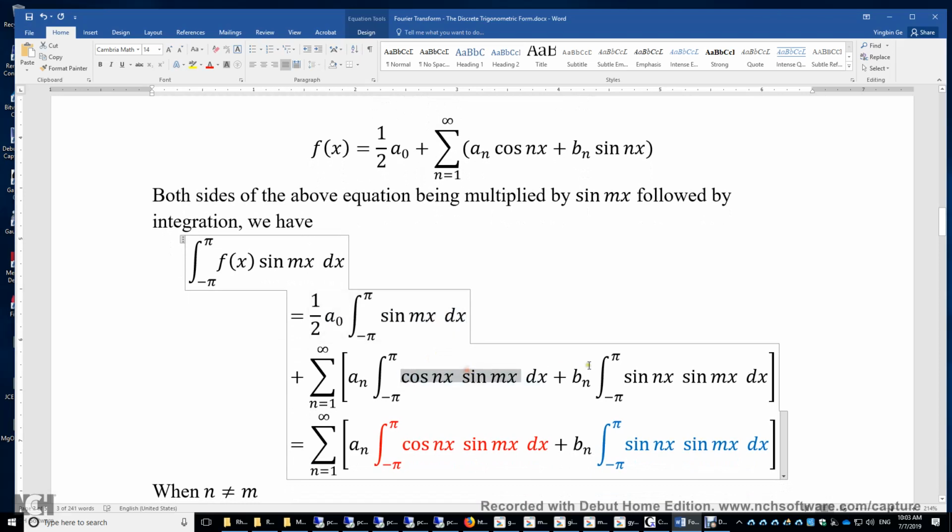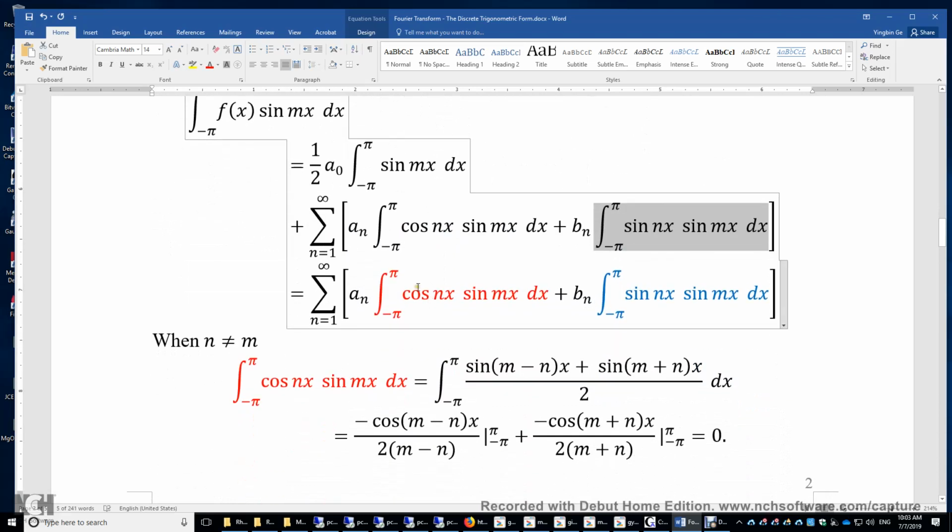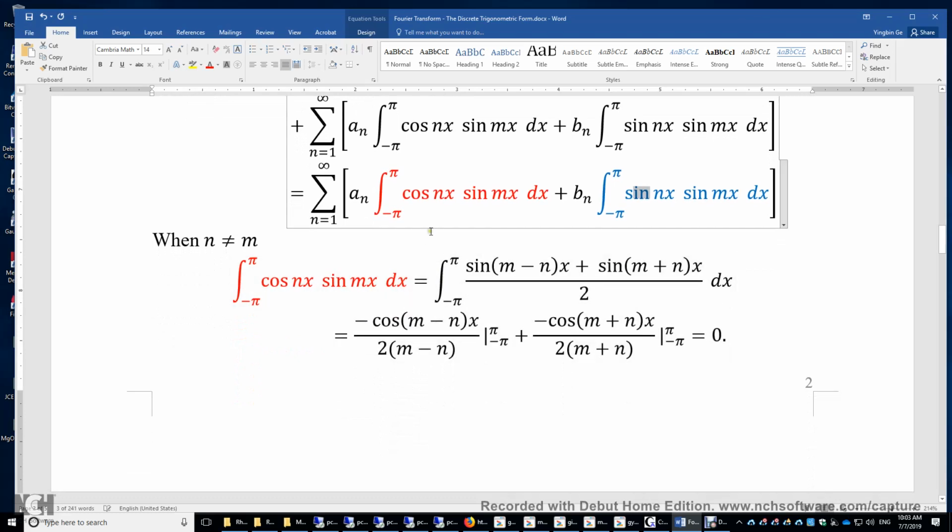Then we have two other integrals to evaluate, one in red, one in blue. Again, we'll prove this. If n is different from m, this integral is 0. Actually, this one is 0 as well. Again, that will reduce this infinite series into only two terms, possibly non-zero terms. So first, let's plug in this.